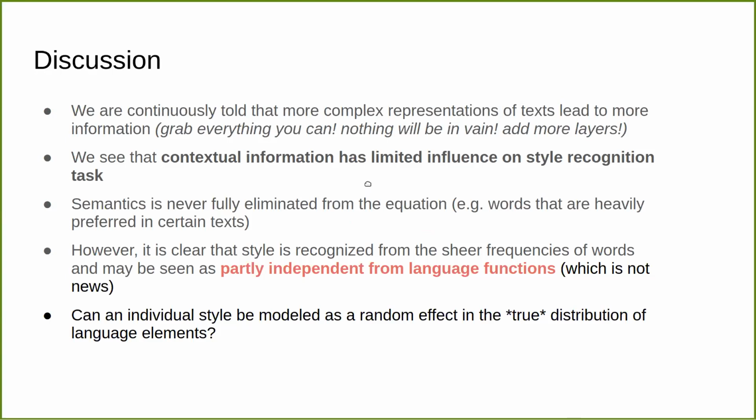Thus, in our very simplified setup, which is again not for making state-of-the-art results, of course, semantics is never fully eliminated from this equation. We do not want to argue that, because there still remain a lot of words that are heavily preferred in certain contexts, in the sense of the texts themselves.